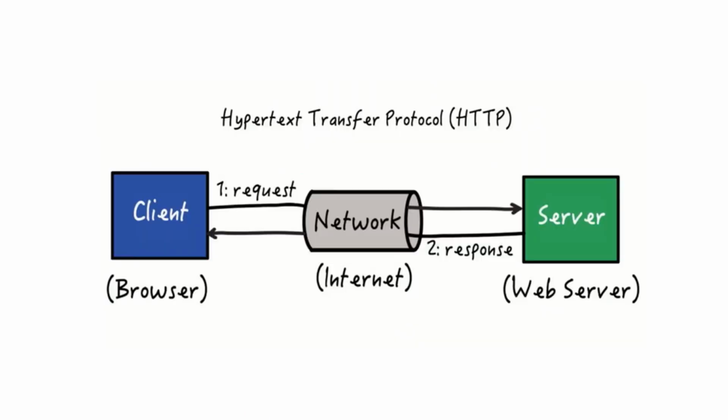Seeing this diagram, you can understand the request and response. The request is made by the client, and the server, that is a web server, responds with that particular web page that the client requested.